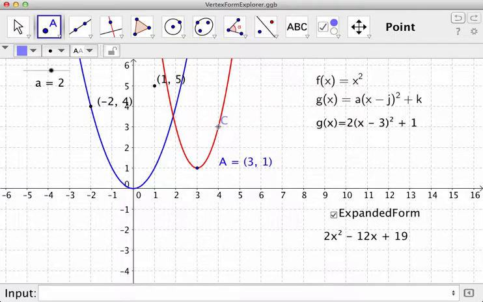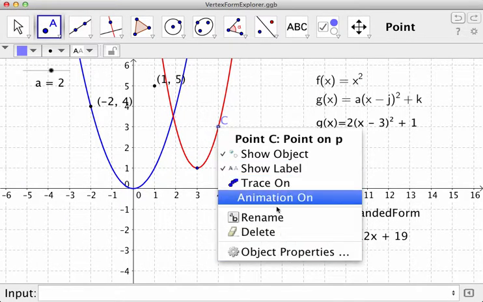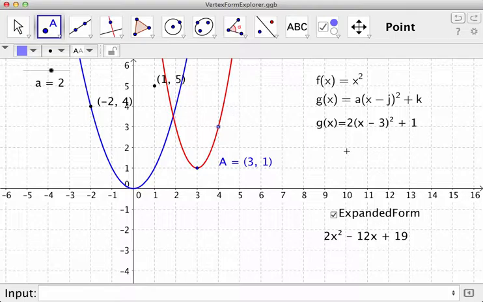And we'll say that c has coordinates 4, 3. So what we're saying is now we have to subtract 3 from x, which gives us 1. We square that, which again gives us 1, double it, which gives us 2, and we add 1 to get the value of 3.